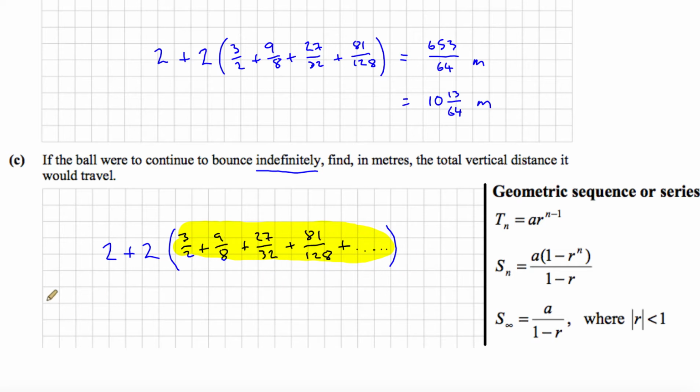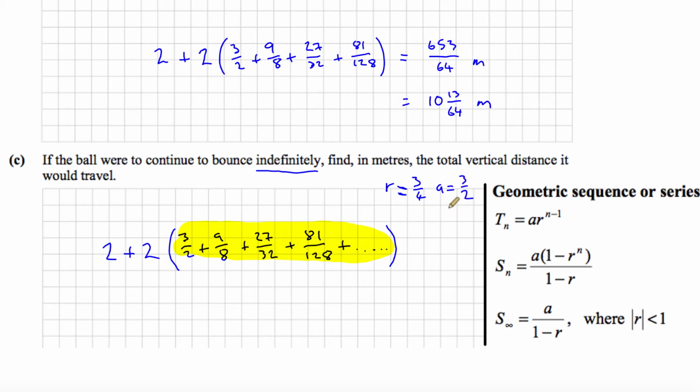So r is 3/4, and because that's a number that's less than 1, we're allowed to use this formula for the sum to infinity. Remember that a represents the first term of the sequence, which in our case would be 3/2.